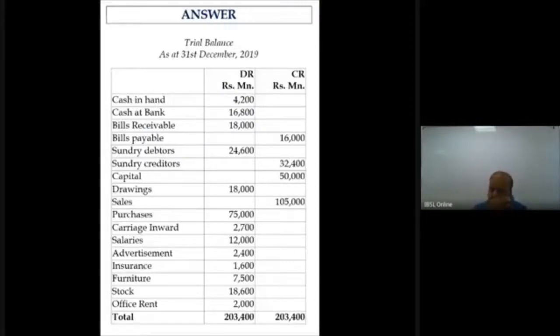It's coming. Oh, the screen is not present. Oh. Trial balance.